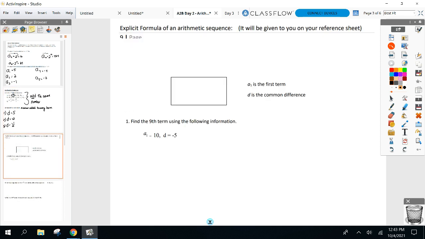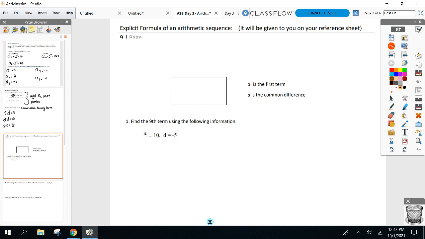So here is the explicit formula for an arithmetic sequence. Everyone look on your reference sheet, please, because it's on there. Take that reference sheet I gave you. Look on the left-hand column. There's only one arithmetic sequence formula. Everyone sees it?